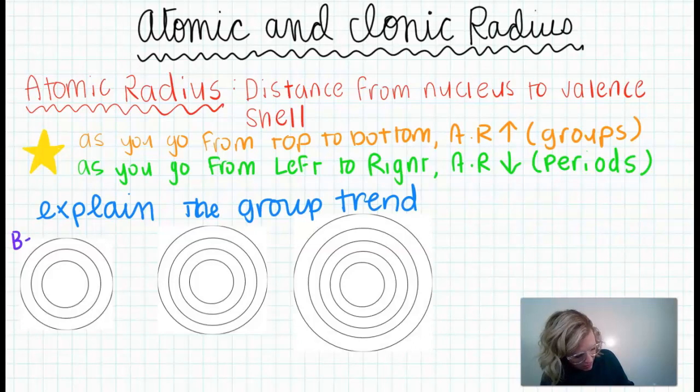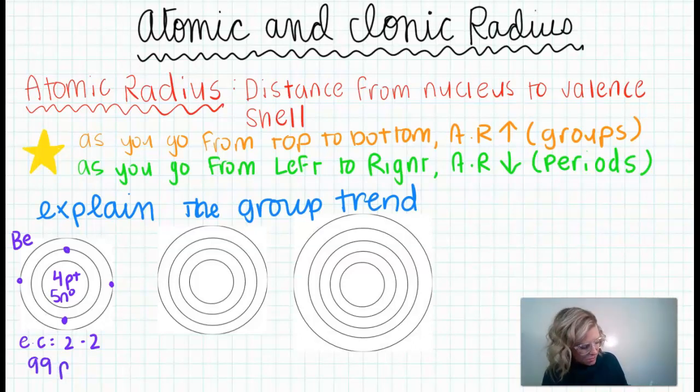So we have our beryllium atom. Inside we have 4 protons, we have 5 neutrons, which means we have a total of 4 electrons, 2 in our first energy level and 2 in our second energy level. Our electron configuration, okay, is going to be 2-2. And our size is going to be 99 picometers.